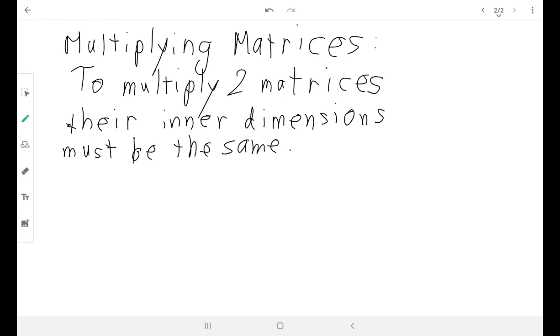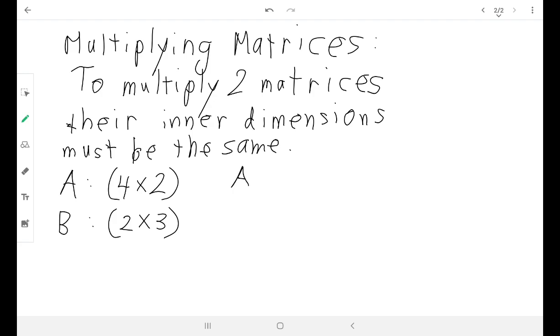Okay, and what that means is, suppose that we have a matrix A that is a 4 by 2 matrix, and a matrix B that is a 2 by 3 matrix. If I was going to do matrix A times matrix B, that would be the 4 by 2 times the 2 by 3.